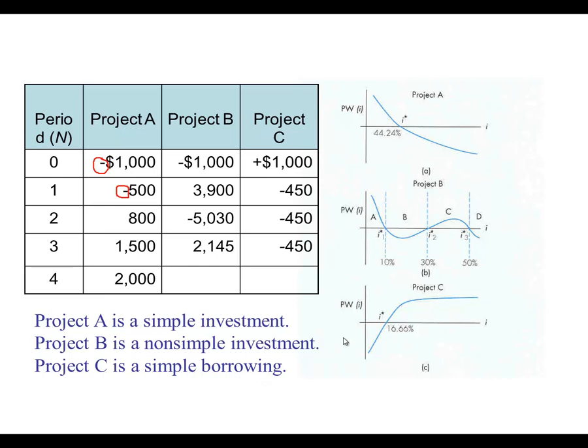And the same here, from that graph you can judge whether it's simple borrowing or simple investment, and you can decide whether there is a unique rate of return or multiple rates of return.